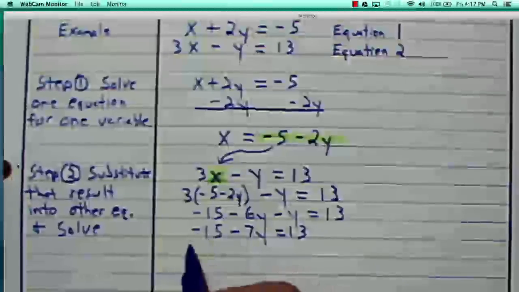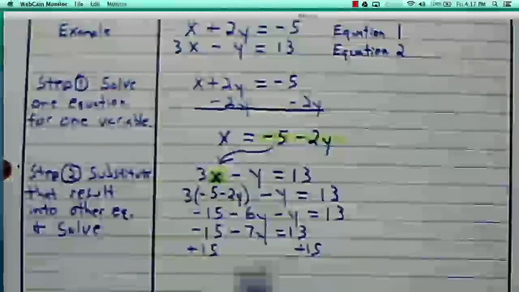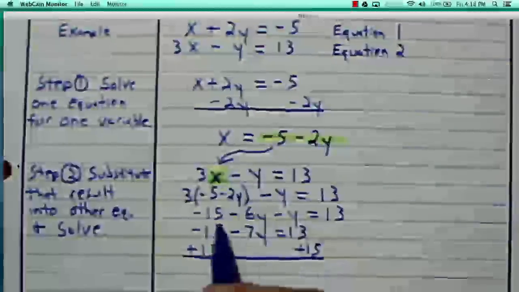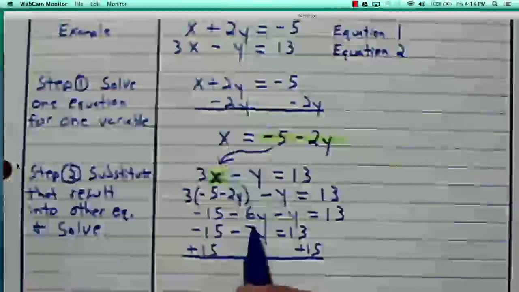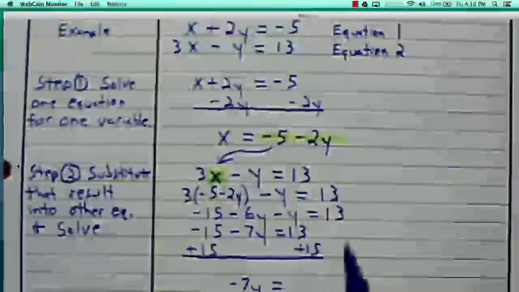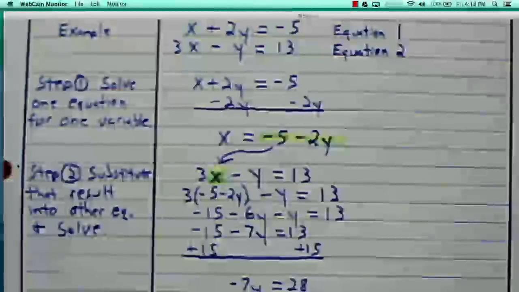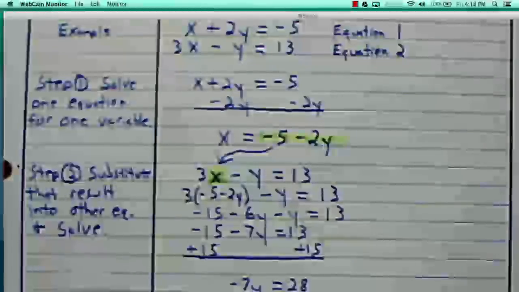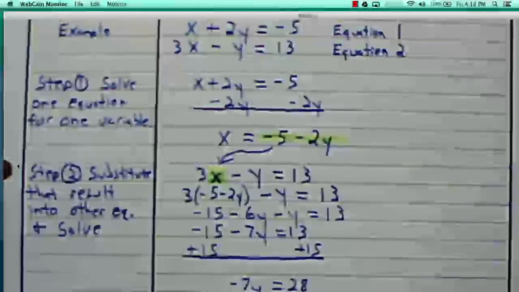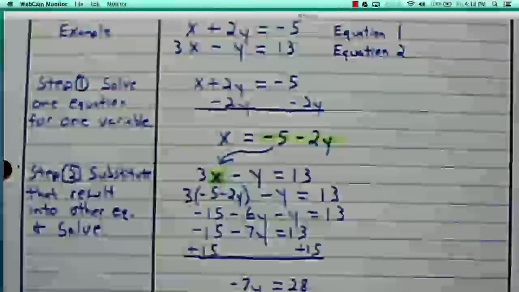Solving for y, I'll add 15 on both sides. The 15's cancel, leaving a negative 7y on the left. 13 plus 15 is 28. Dividing by negative 7, we get that y is negative 4.